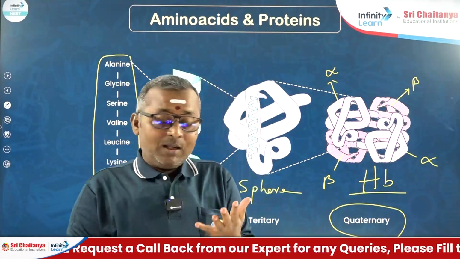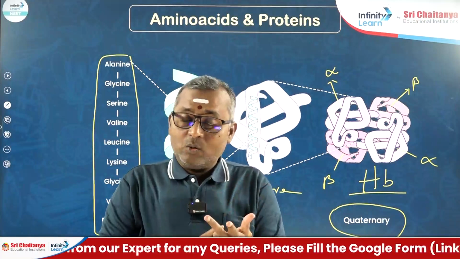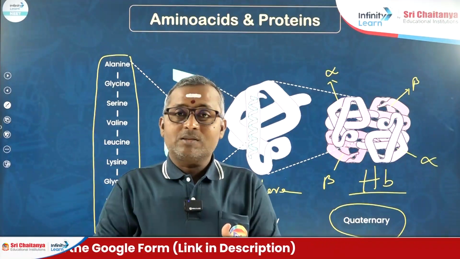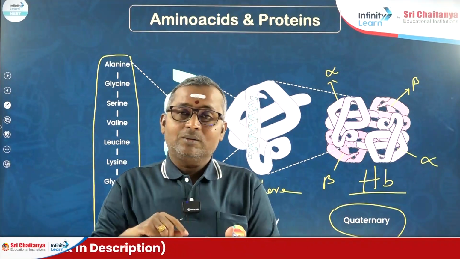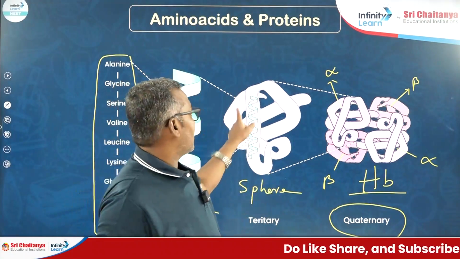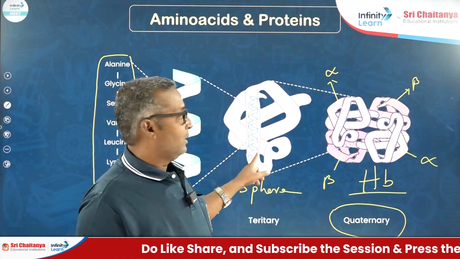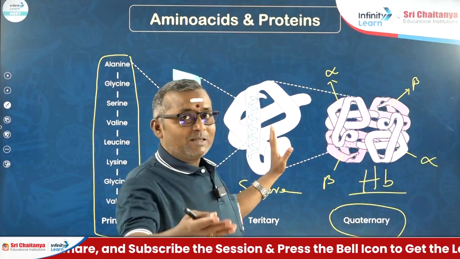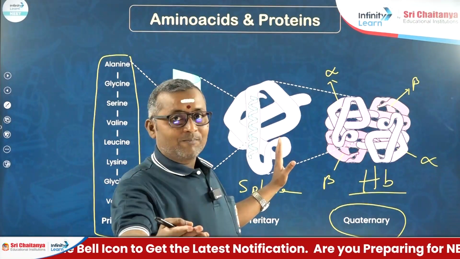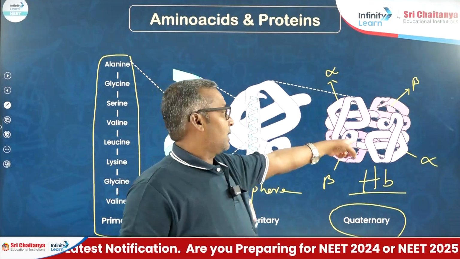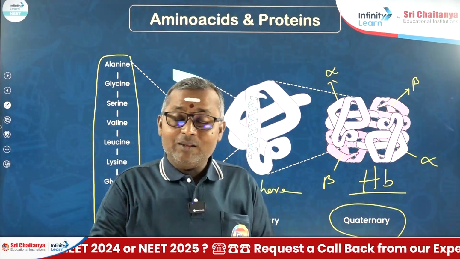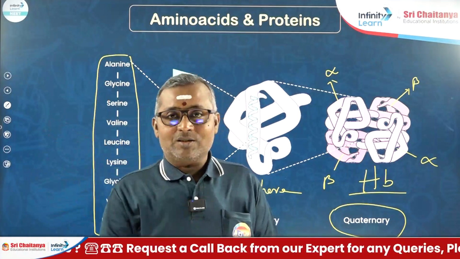In the tertiary structure, apart from peptide bonds and hydrogen bonds, you can also see disulfide bridges, covalent bonds, ionic interactions, hydrophobic and hydrophilic interactions, and van der Waals interactions. And finally, in some cases, more than one tertiary structure forms a quaternary structure. Remember, quaternary structure is made with more than one tertiary structure.